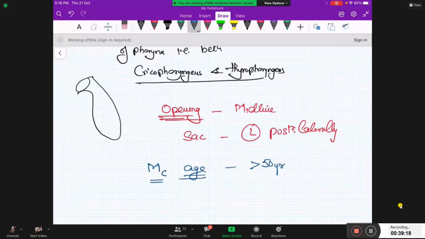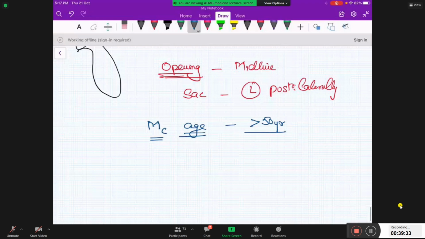So achalasia cardia and Zenker's diverticulum can have a similar presentation. So you have to make out the difference between achalasia cardia and Zenker's diverticulum. So what will be the difference? One is age. The second important point is that it is more common in males.